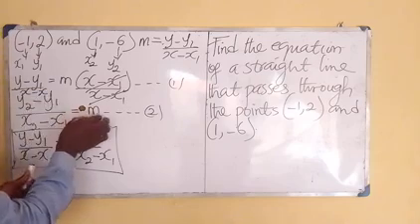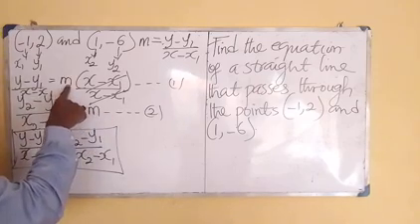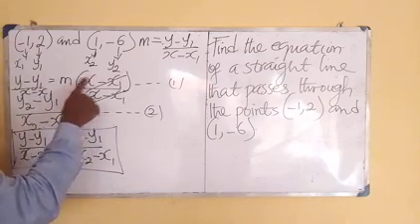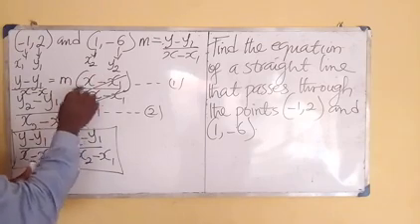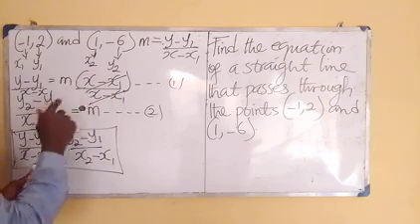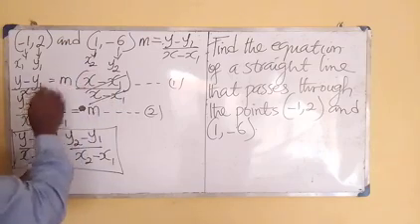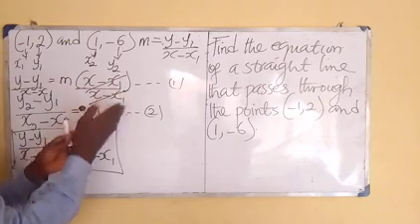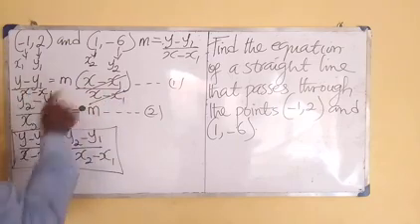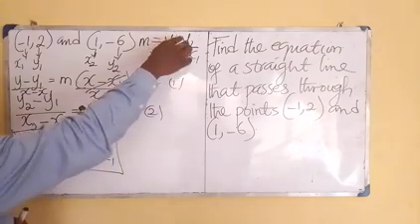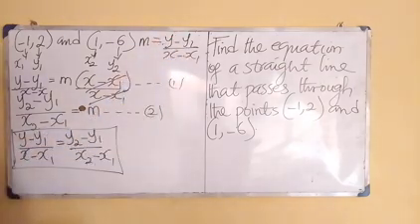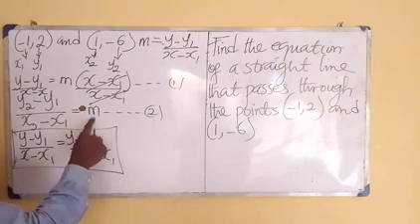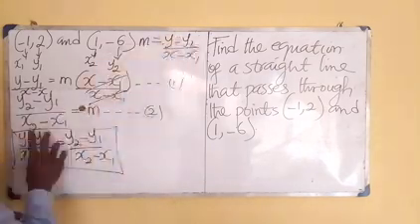This is already equal to this. I'll make m the subject, and use it to divide both the left hand side and the right hand side. So I'll be having y minus y1 over x minus x1. Wherever I see m here, I'll put this.